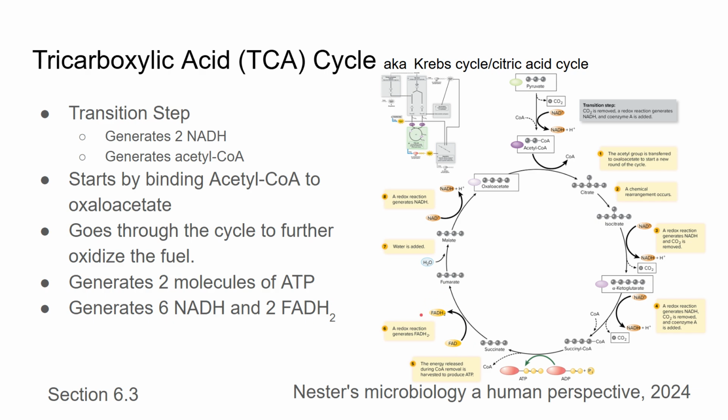And then we'll also create some FADH and then some more NADH. So in this, we're really releasing a lot of electrons, releasing more energy, but we're also moving those electrons to an area we'll be able to use later. So this is going to generate 2 molecules of ATP, and then it's going to generate 6 molecules of NADH and 2 molecules of FADH2.